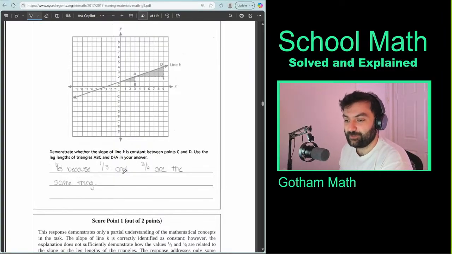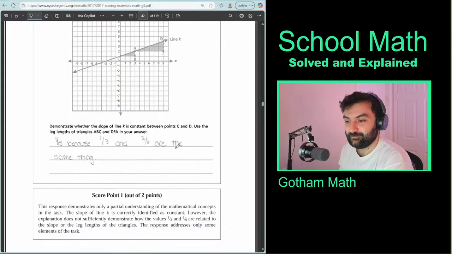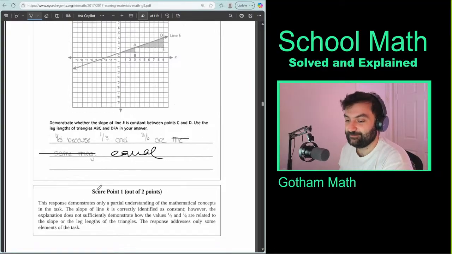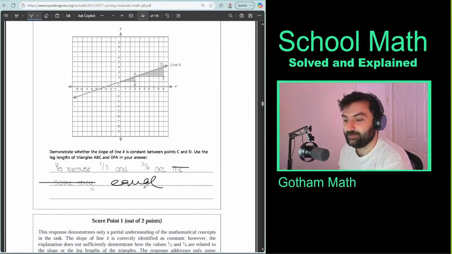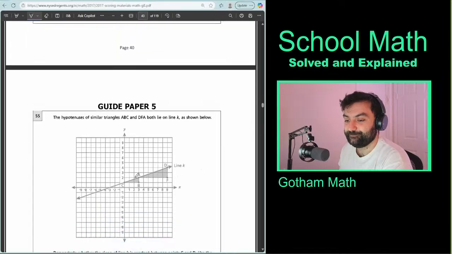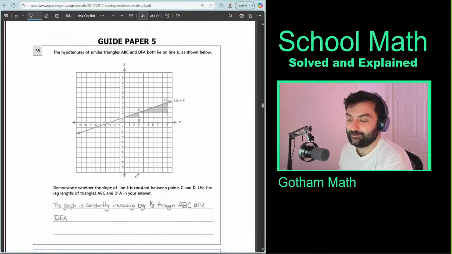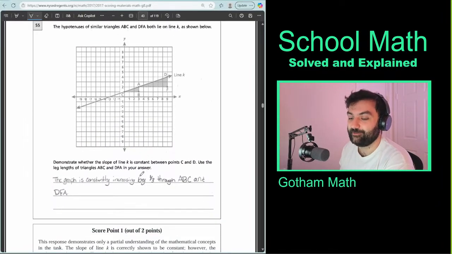Yes, because 1/3 and 2/6 are the same thing. I mean, not are equal, right? Or like same thing. I don't know. A little ghetto.